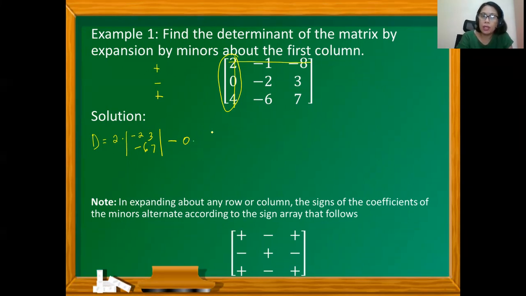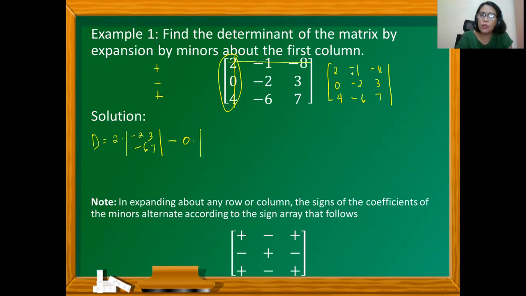And we will multiply the second element by its corresponding minor. If we write this 3 by 3 matrix, we have 2, 0, 4, negative 1, negative 2, negative 6, negative 8, 3, and 7.